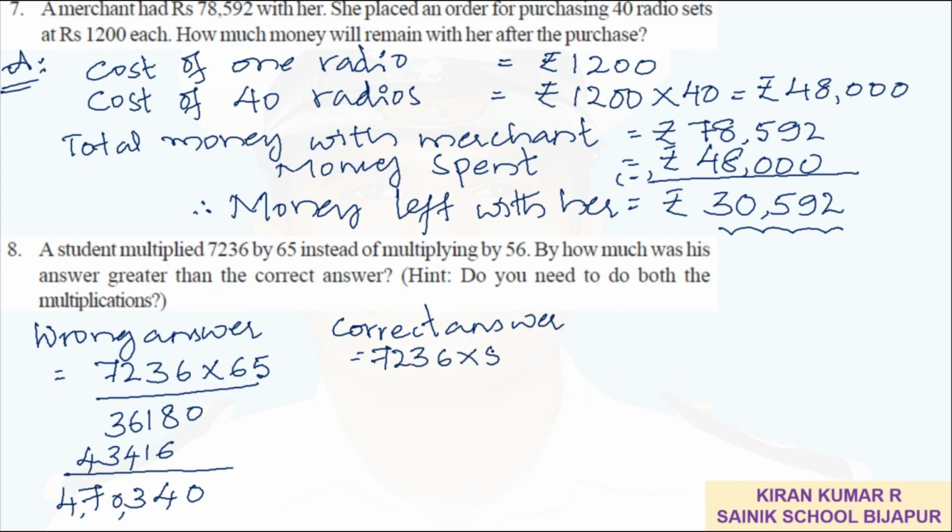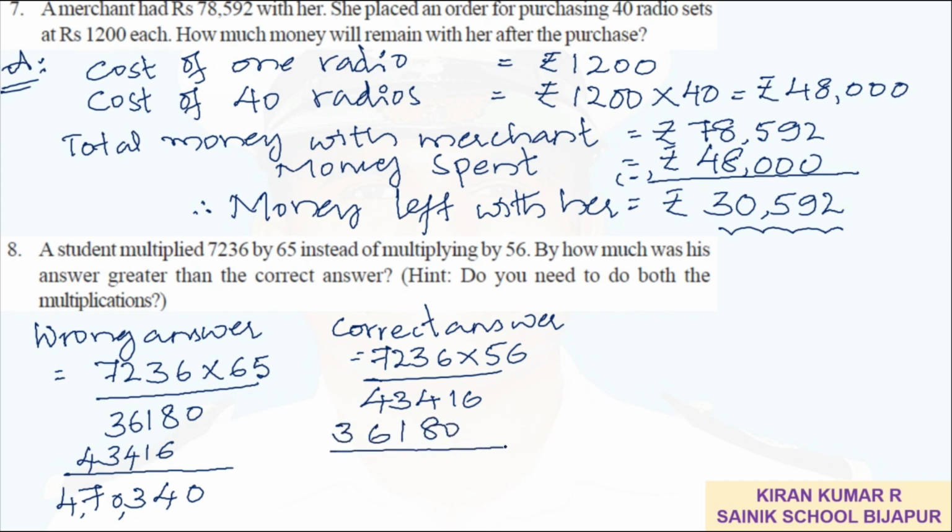7236 multiplied by 56. If 6 is multiplied to this number, we'll be getting 43,416. If 5 is multiplied to this number, we'll be getting 36,180.